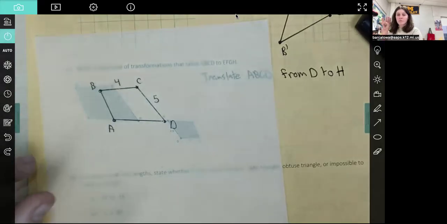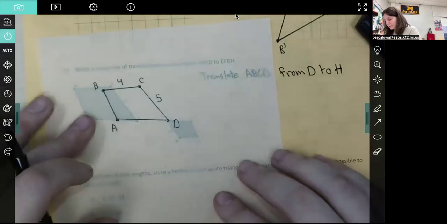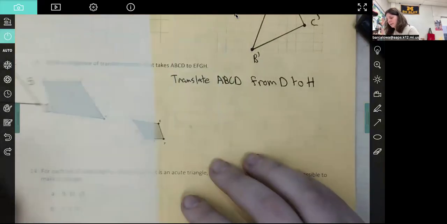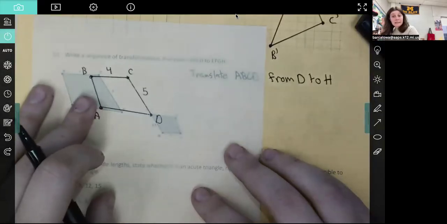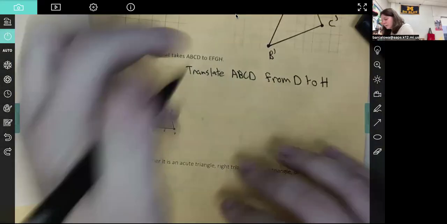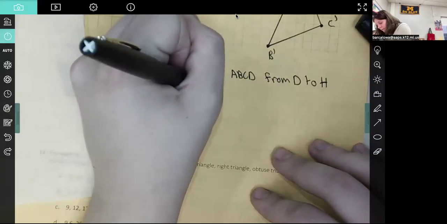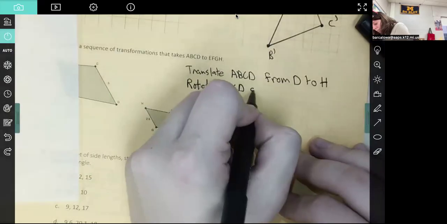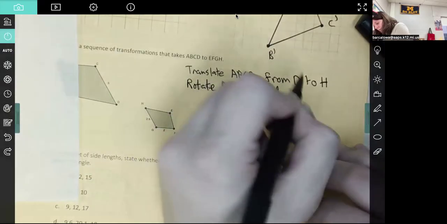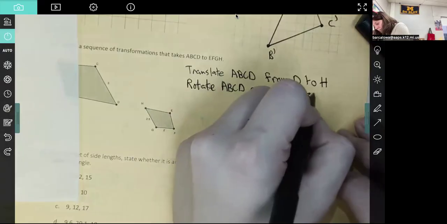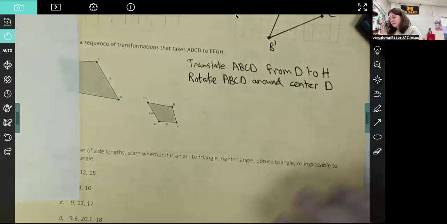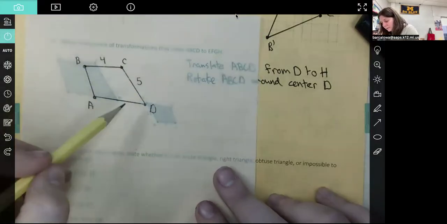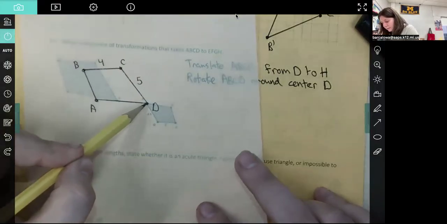All right, so now I'm here. Translate, rotate, reflect, dilate. So I'm going to rotate. For rotate, I need the center. Rotate around center D, because that's the point that's lined up now. Rotate A, B, C, D around center D, until when? When should I stop rotating? Let's see.